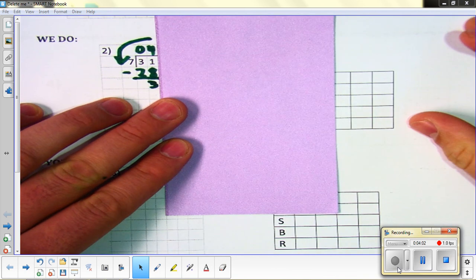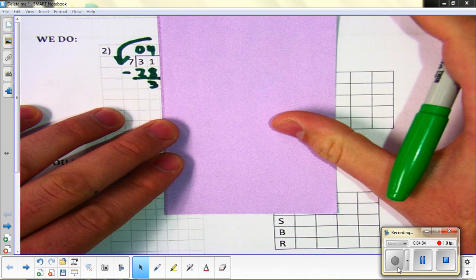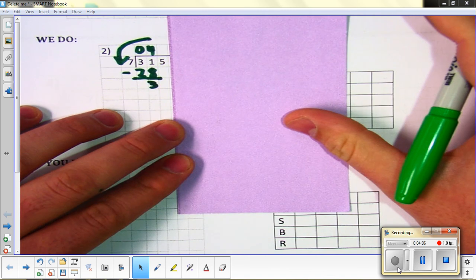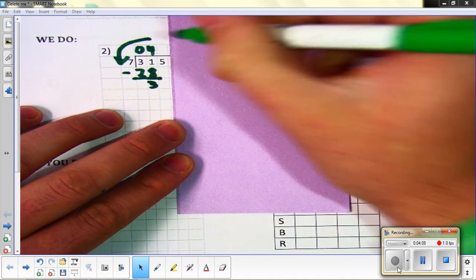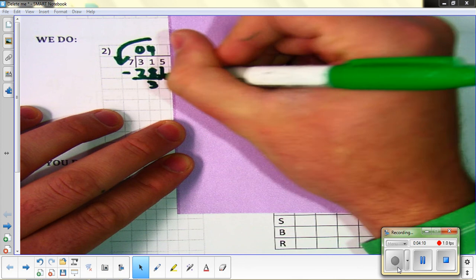Now I need to bring down. So I move my card over. Remember to draw the arrow and bring down the 5.